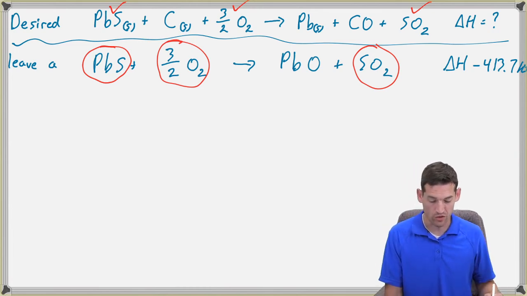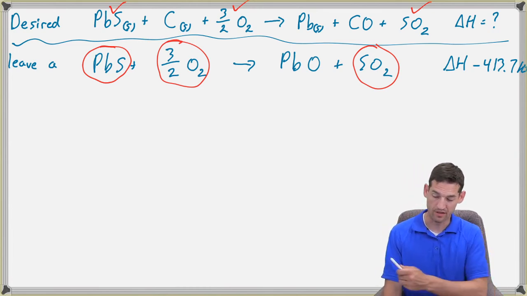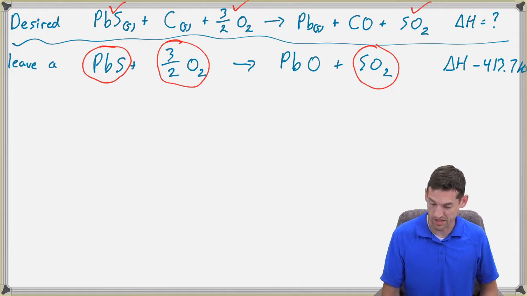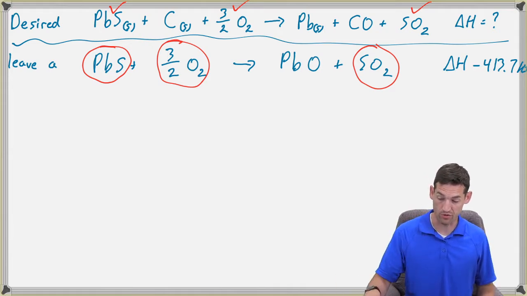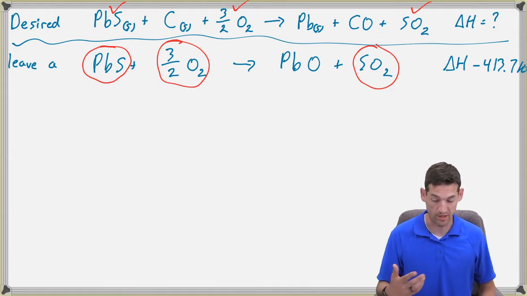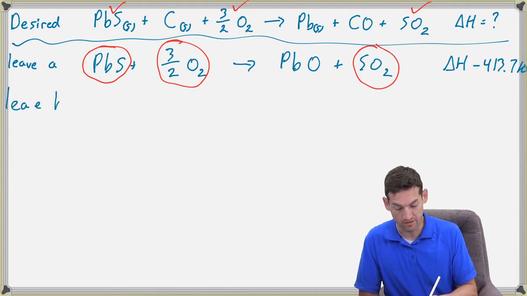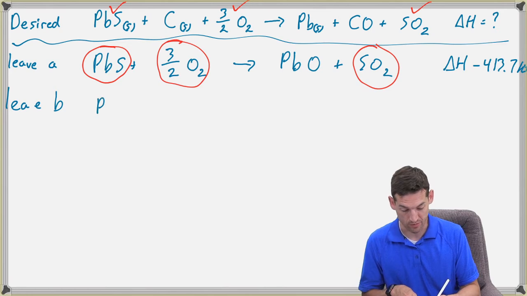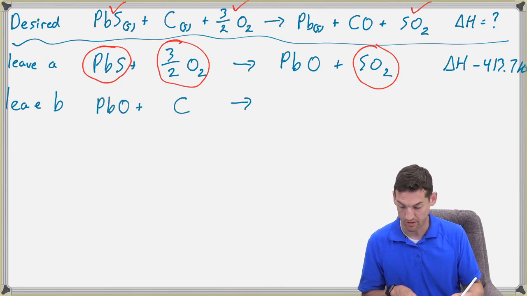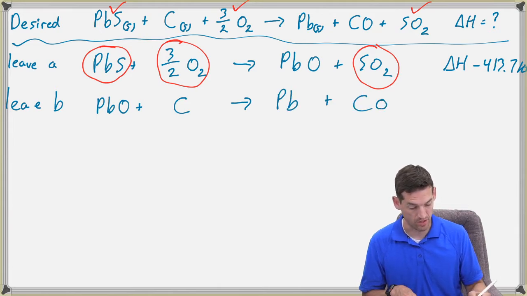Okay. So now the next thing I need is carbon. That's in reaction B, and you'll notice it's also on the reactant side where I want it, and it's the right number. So I can leave that one alone. Leave B. That gives me lead oxide, carbon, lead, plus carbon monoxide, delta H positive 1.